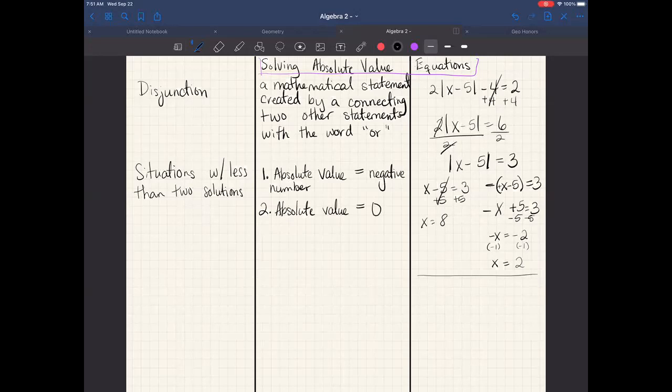Okay, so for the first case, we have the absolute value of negative 5x plus 1, plus 2, equals 12. So again, I do my same routine. I subtract 2 from both sides.